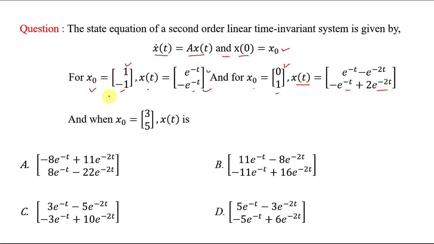It means if the initial condition is this, then x(t) is this, and if the initial condition is this, then x(t) has this value. And when x(0) equals [3, 5], what will be the value of x(t)? This is your question. There are 4 options, so let us see the solution.